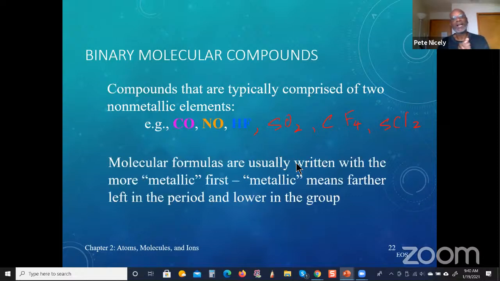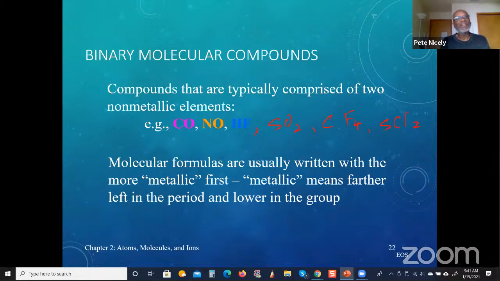Now, in terms of the convention that is oftentimes used in chemistry, when it comes to writing down the molecular formula for these compounds, we start off with the more metallic element first, followed by the less metallic element. Now, these elements are not metallic, but basically it's based on their electronegativity values.